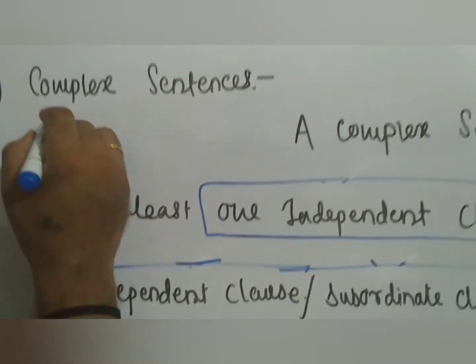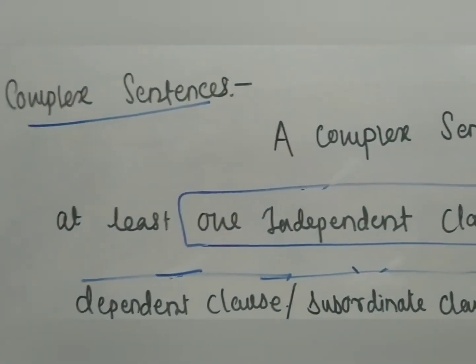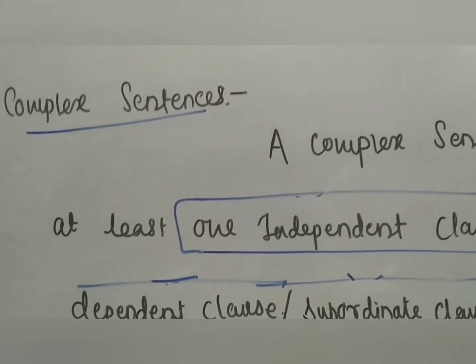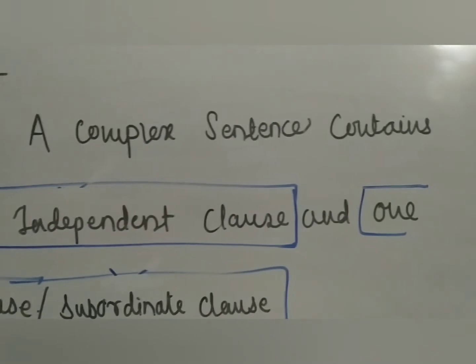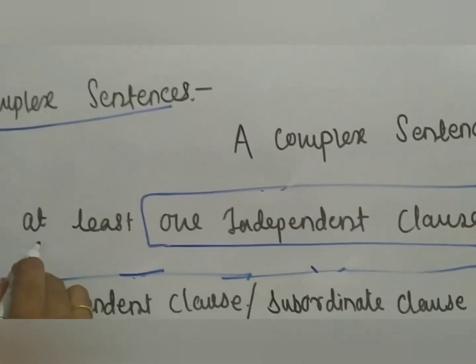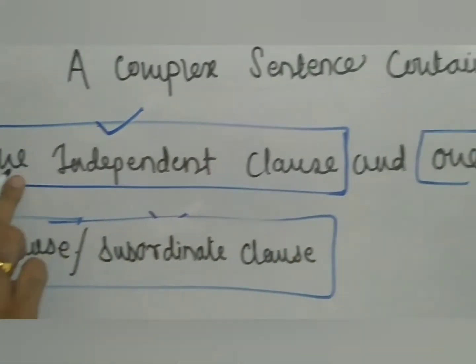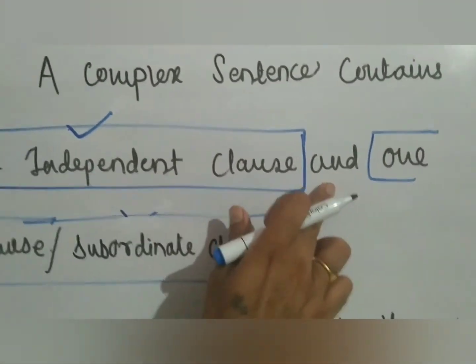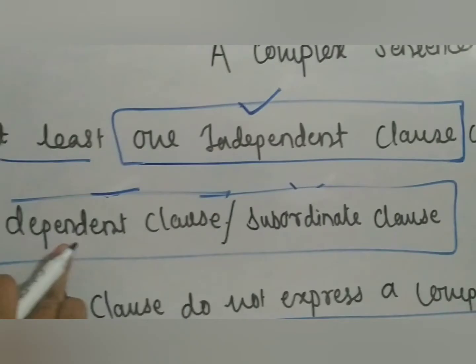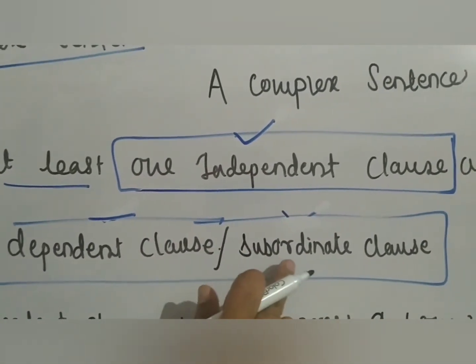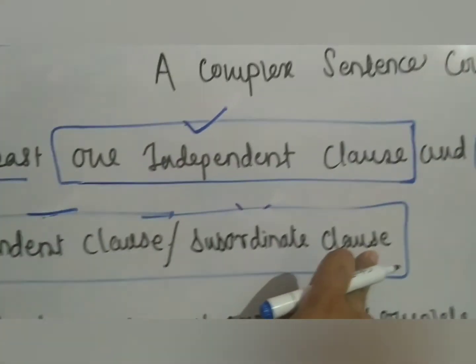Now friends, see the complex sentences. A complex sentence contains at least one independent clause and one dependent clause, sometimes called a subordinate clause.